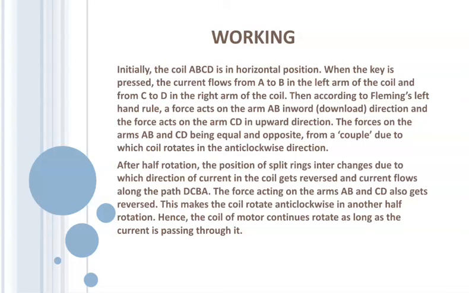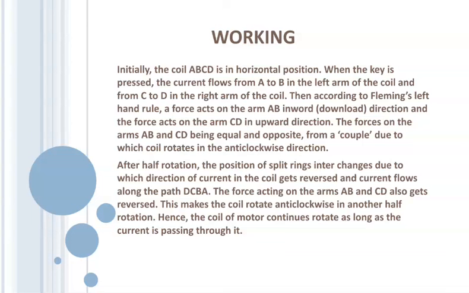After half rotation, the position of the split ring interchanges. That is, when the coil goes beyond vertical position, the side CD of the coil comes on the left side, whereas side AB of the coil comes to the right side, and the two commutator half rings automatically change contact from one brush to the other.